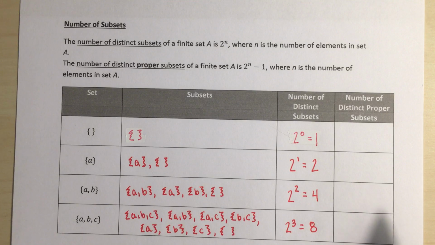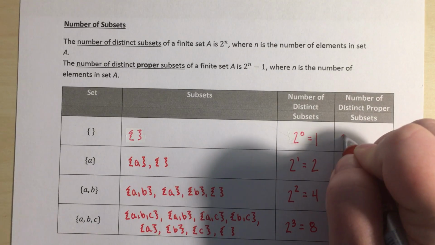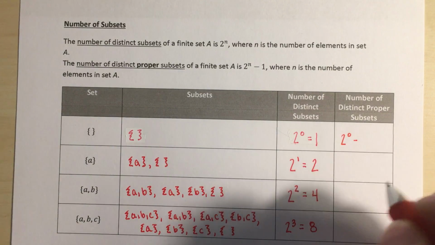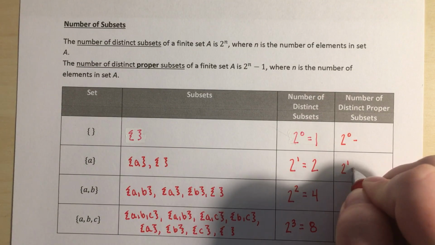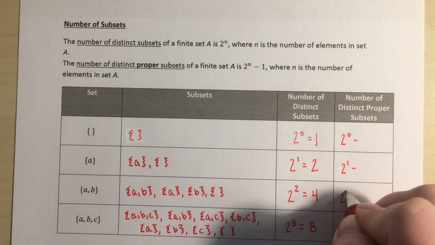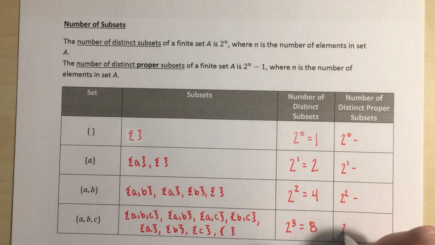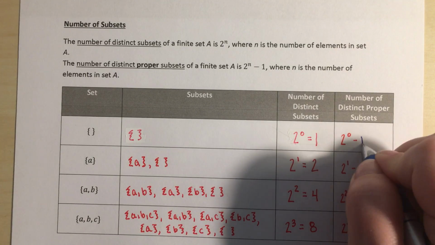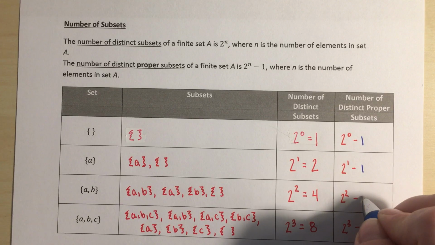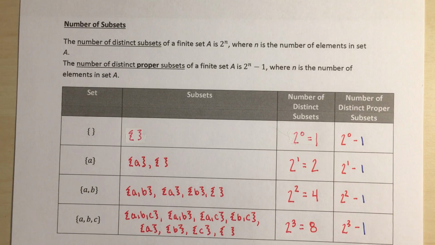For our number of distinct proper subsets, we're going to take our answer from here and subtract 1. So we're going to set these up by subtracting 1 from each of these. And where does this 1 come from? We subtract 1 from each of these to get our number of proper subsets, because a proper subset cannot be the original set that we started with.